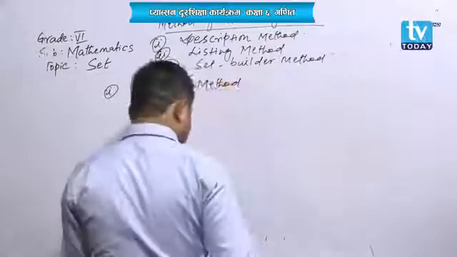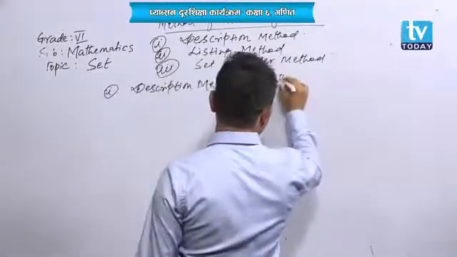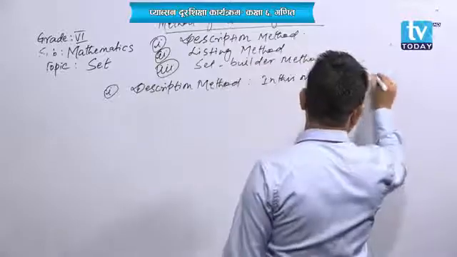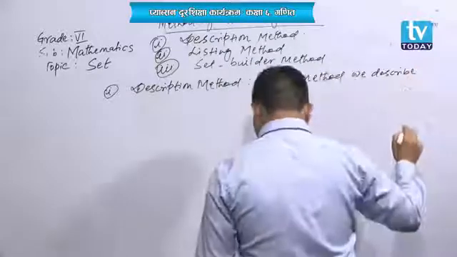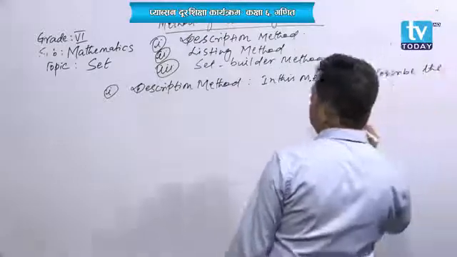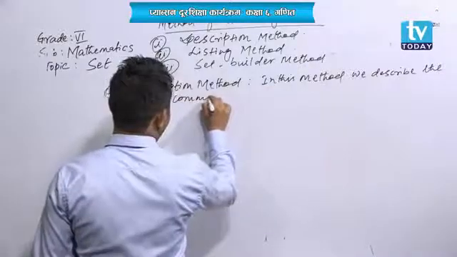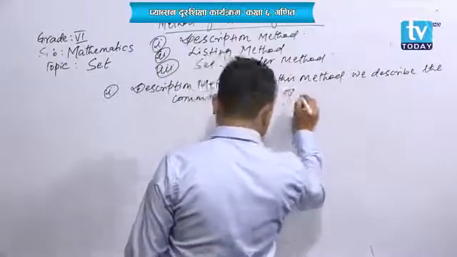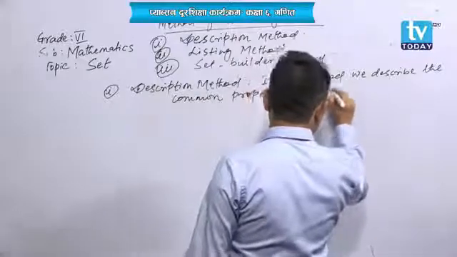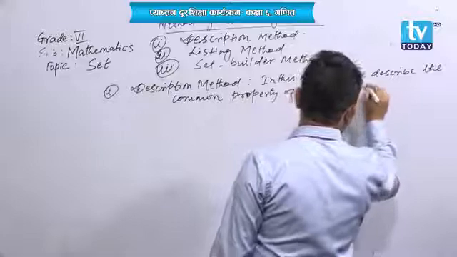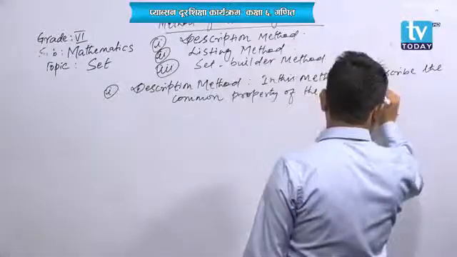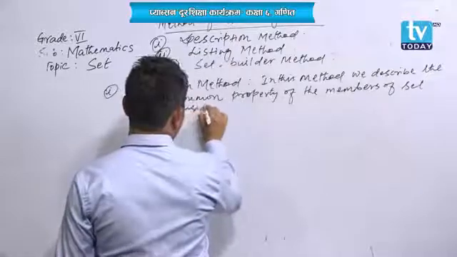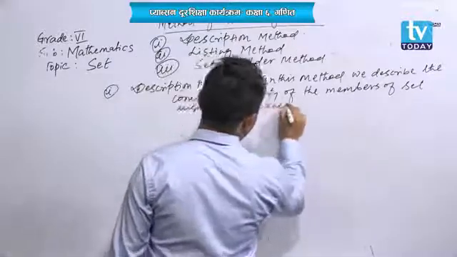First, let me write the definition so it will be clear for you. In this method, we describe the common property of the members of the set inside the braces.